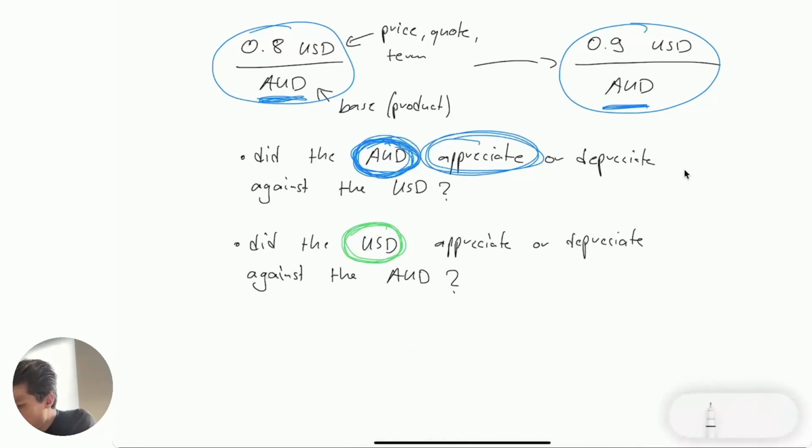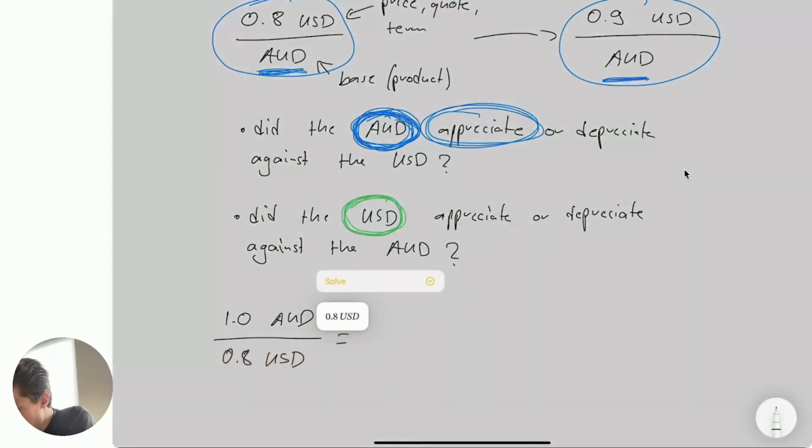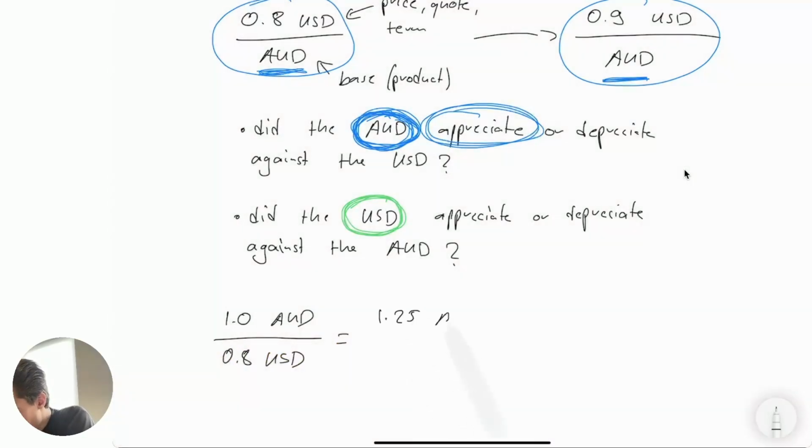But what I would like to introduce is what you do first is you always take the inverse. You take the inverse of the first one, which is 1 AUD over 0.8 US dollar, which is basically 1.25 AUD over 1 US dollar.